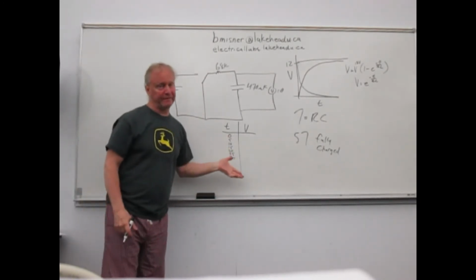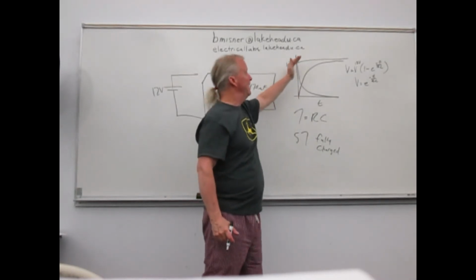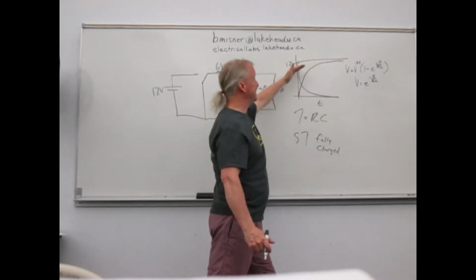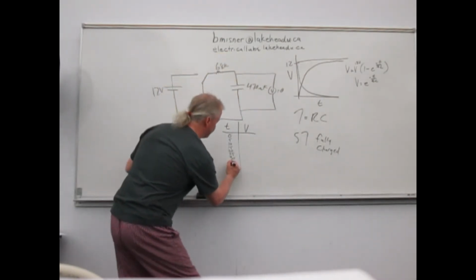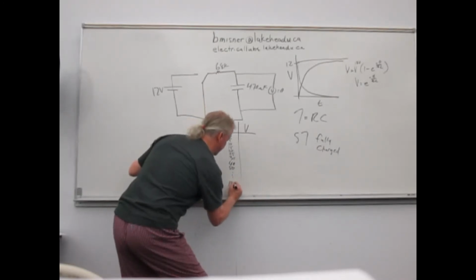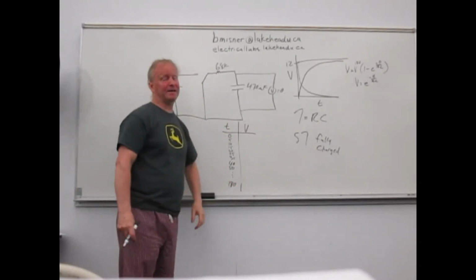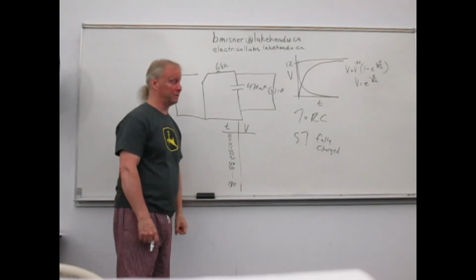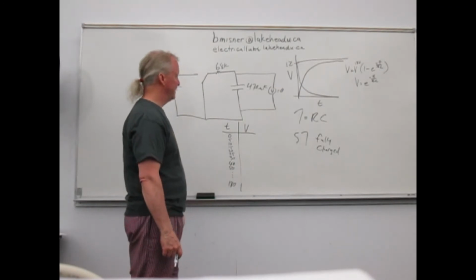We're measuring every 5 seconds because it's changing rapidly. But after 30 seconds, it starts leveling off, so we're going to go every 10 seconds after that: 40, 50, down to 180. We're going to time this for 180 seconds, 3 minutes, and measure the voltage.